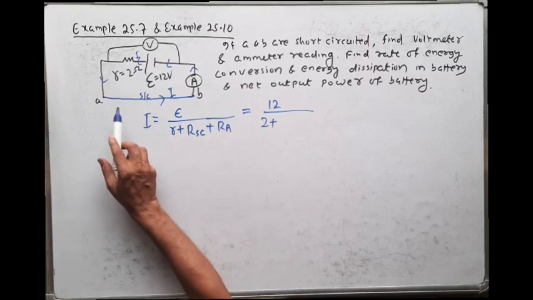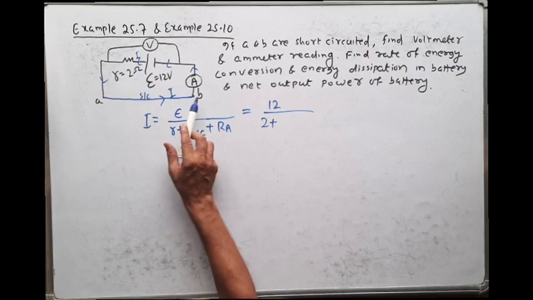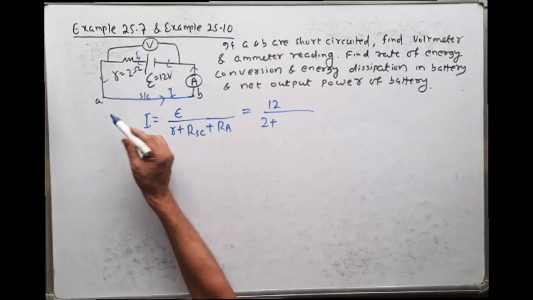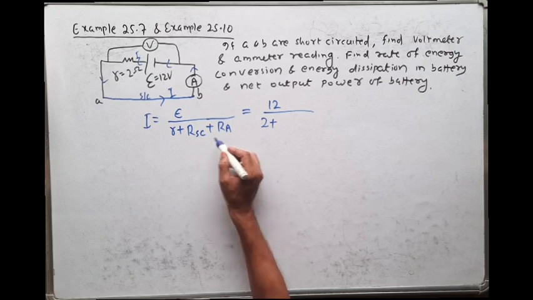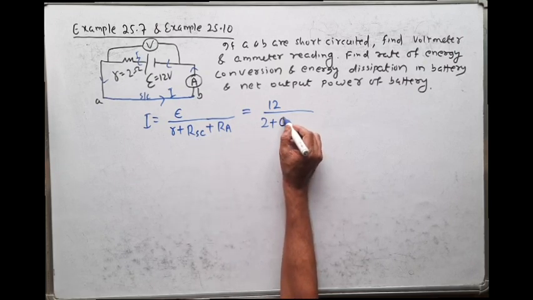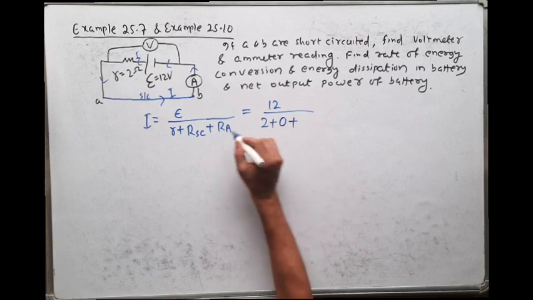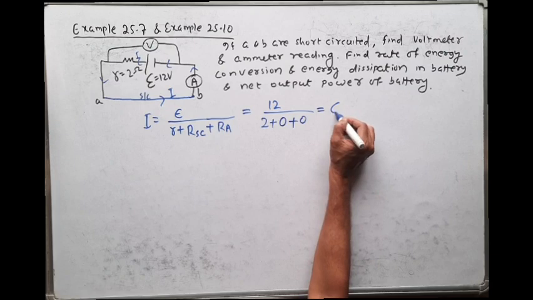You see, what is the resistance across this A and B terminal? It is short circuited. Just A and B are connected by a wire whose resistance is 0. So you know, in short circuit condition, resistance across the terminal is 0. Plus resistance of ammeter we have told 0. So that is 6 ampere.